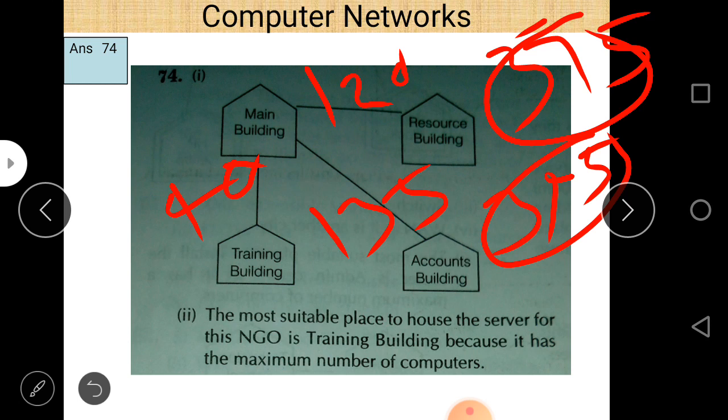We use both of these concepts: we minimize the distance, that is 375 in this case, and also all the buildings are directly connected to the server. So in all cases our answer is more accurate than the answer given in this book.